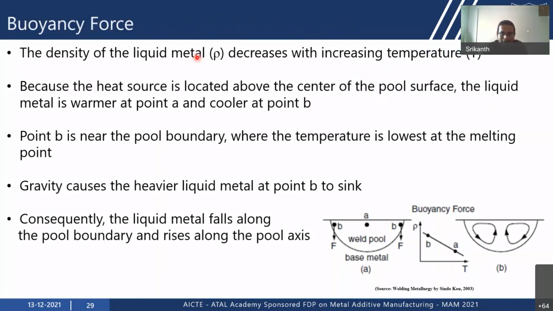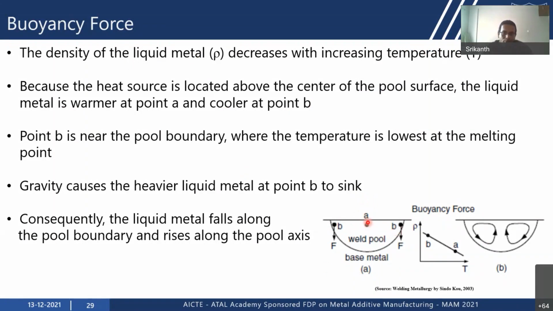So we know that the buoyancy force comes into the picture when you have a molten pool, which we can also call a weld pool. This is the region where you have the material in molten state. The density of the liquid metal decreases with increasing temperature. Now the heat source is just above point A. Point B is close to the boundary of the molten pool.